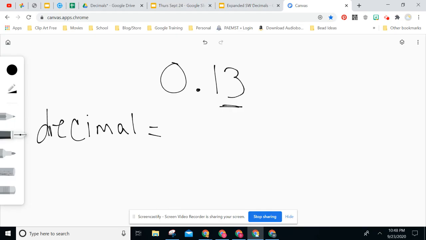So let me erase this little line here because I don't want to get anybody confused. All right, so we currently have a 1 in the tenths place. So we simply say 1 times 1/10 because we have a 1 in the tenths place. Plus, we have a 3 in the hundredths place.